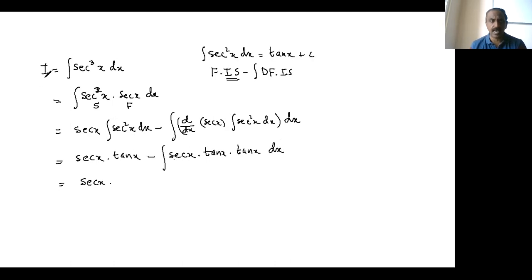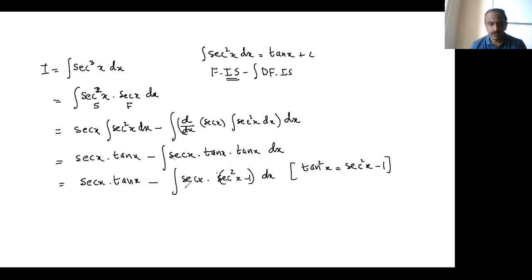Now, I said this is I method. I method means bring the question back to I. So, what I need to do is bring an integral sec cube x in this function. So, this sec x into tan square x, I replaced tan square x by sec square x minus 1, so that I come back to sec cube x, which is my integral back to my question.